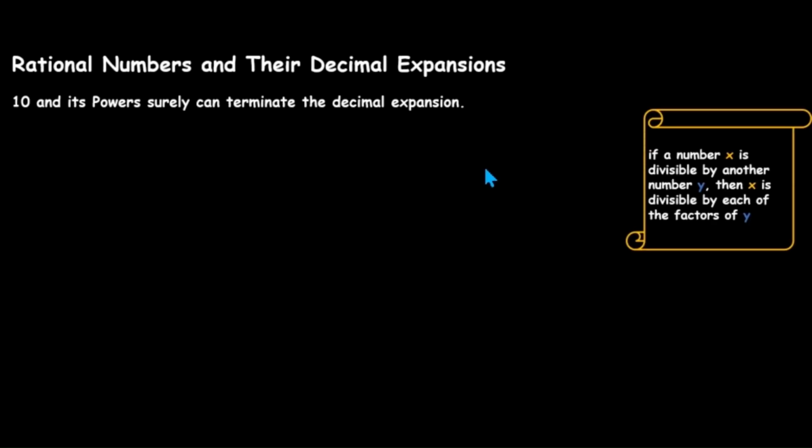Recall one of the general divisibility rules that we saw earlier in the video. If a number x is divisible by another number y, then x is divisible by each of the factors of y as well. Here our y is 10 and its powers.